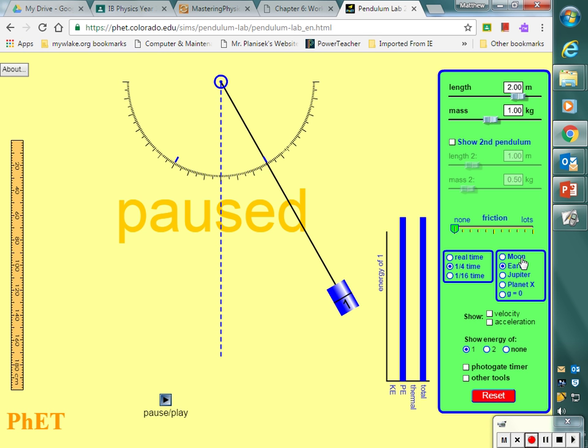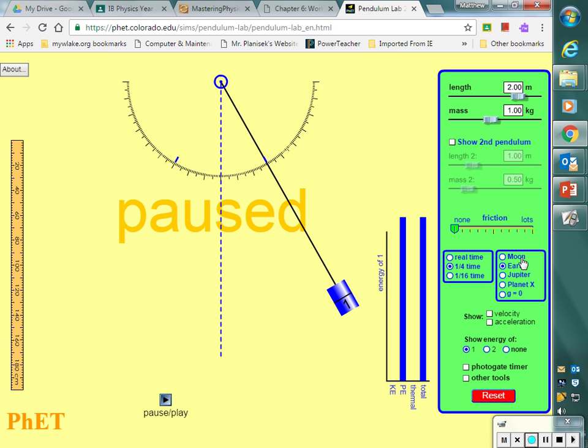It'll fall slower. What's one initial change that's going to happen even before I hit the play button? Well, what am I showing over on the graph on the right-hand side? Let's go literally. What is the graph showing you on the right-hand side? Potential energy, right? And we learned earlier in this week that potential energy depends on three things, right?